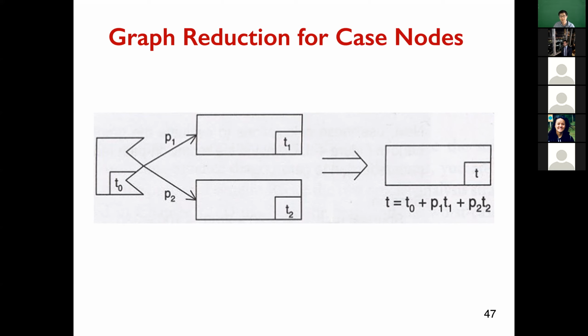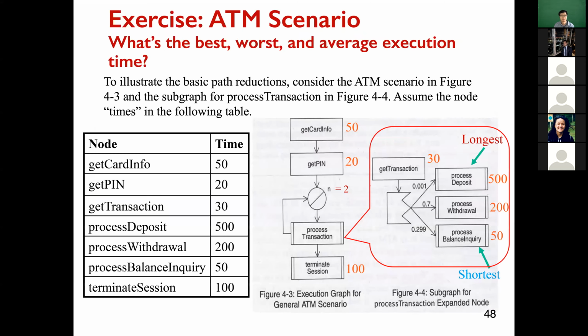Let's do a small exercise. I want you to identify the best, worst, and average execution time of this ATM scenario. Here are two figures. Figure 4-3 is the whole ATM scenario, and figure 4-4 is a subgraph, or sub node, which shows the performance scenario of the process transaction node.